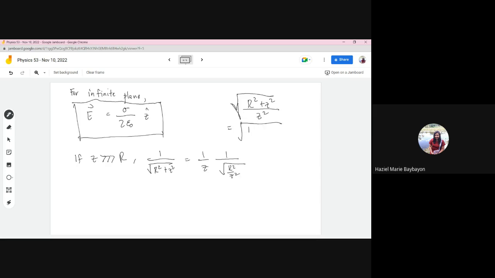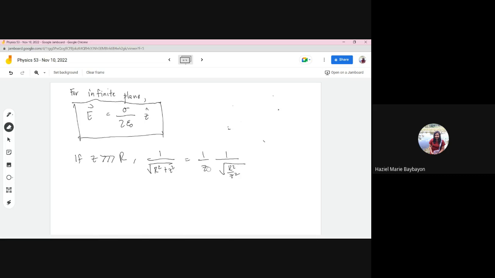sa denominator ni siya, 1 over z squared, you have r squared. Wait sa. So ang gibuhat ani kay gipagawas ang z squared.